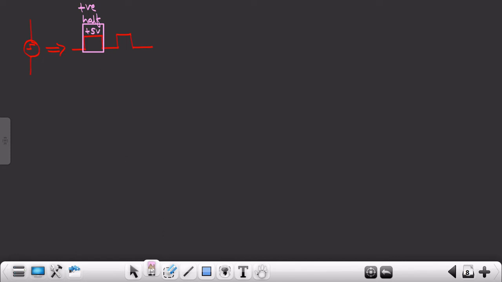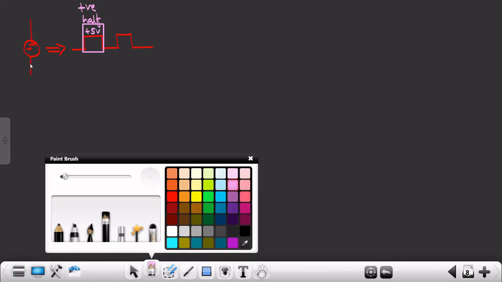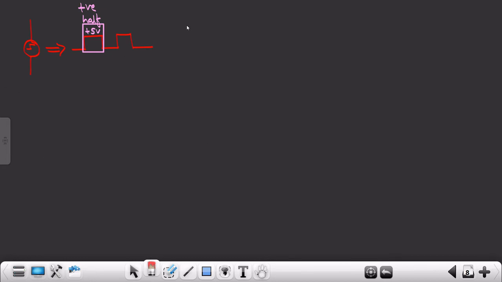So rather than representing this particular voltage source in this way, I can also represent it in this way, plus minus, indicating that we are dealing with this particular part, right?